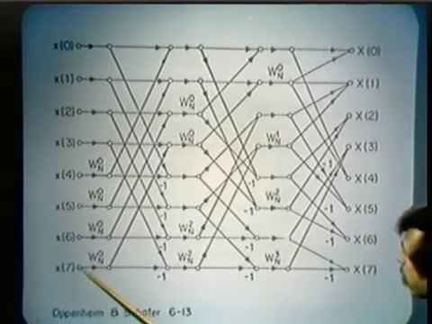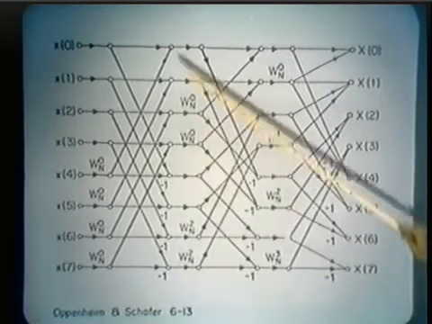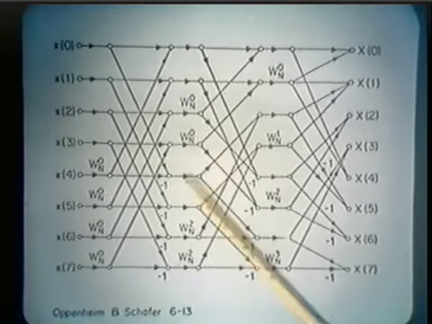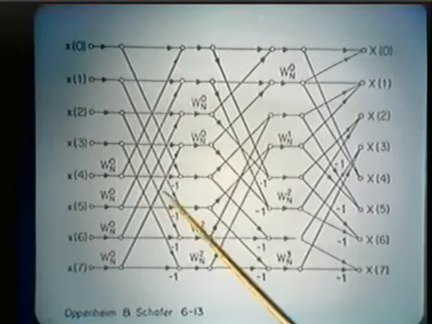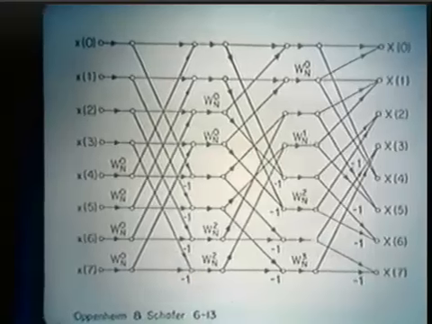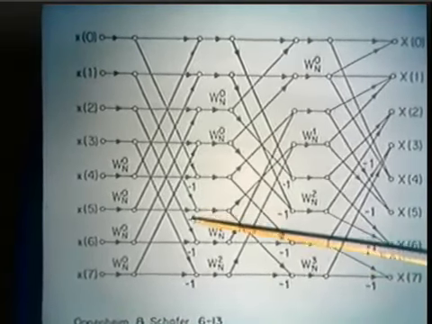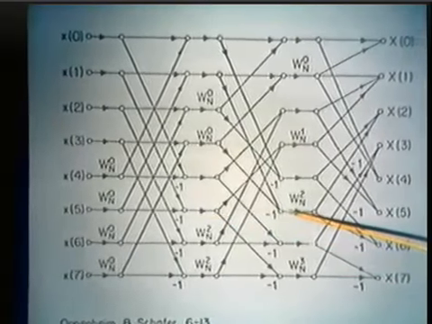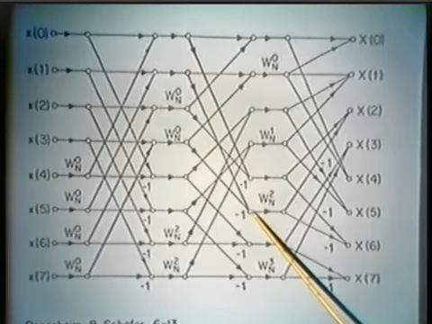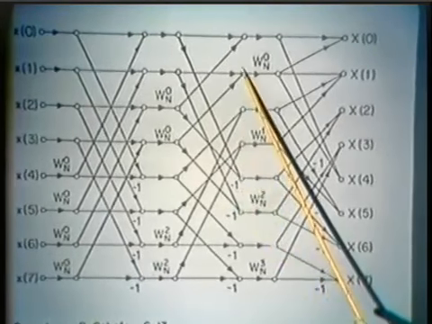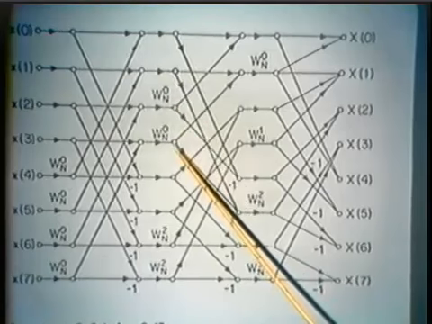Well, is it an in-place computation from this array to this one? As it happens, it is in the computation of the first array. The reason being that in each of the butterflies, again, the output nodes are horizontally adjacent to the input nodes, but that property is lost after this array. In proceeding from this array to this array, we see that to compute these 2 points, let's take this one and this one, we need this point and this point.